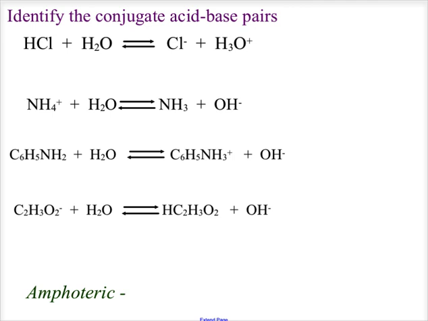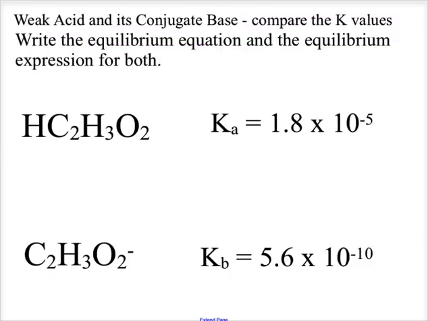Take the time to identify, just by way of review, the conjugate acid-base pairs that are shown on this slide. Pause it and put this on your homework notes to turn in to class. Where we're going to go from here is to a little bit of practice of writing equilibrium equations and the expression for both an acid and its conjugate base.